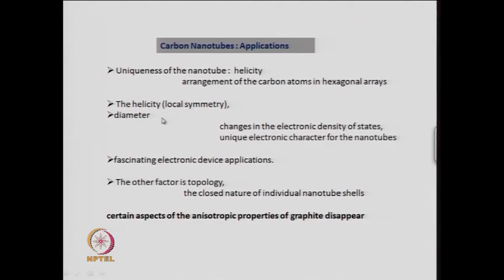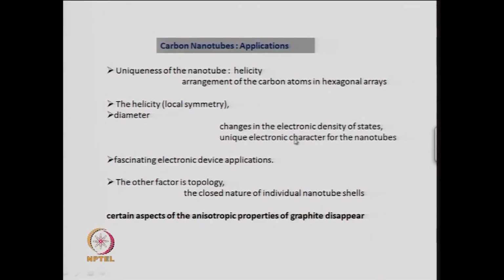The other important fact, other than the helicity or chirality, is the diameter of the nanotubes. Since it has a very small diameter, this brings about a very interesting change in the electronic density of states. From the planar graphene layer, which has a particular type of density of states and electronic properties, there will be subtle changes in the electronic density of states due to the helicity and due to this small diameter of these carbon nanotubes.